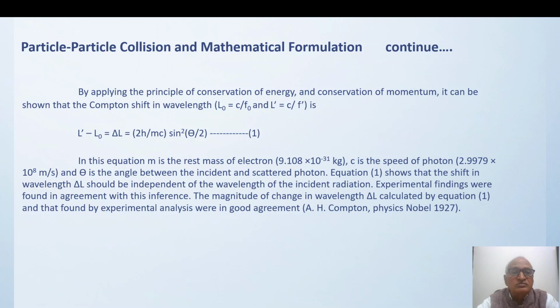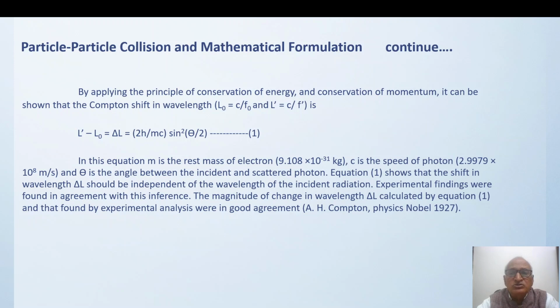Equation number 1. In this equation, as I told earlier, m is the rest mass of electron, which is 9.108 into 10 to the power minus 31 kilogram. c is the speed of photon, exactly 2.9979 into 10 to the power 8 meter per second. Theta is the angle between the incident and scattered photon.